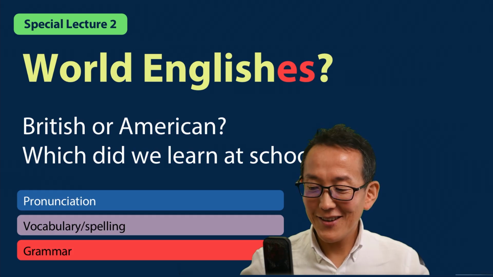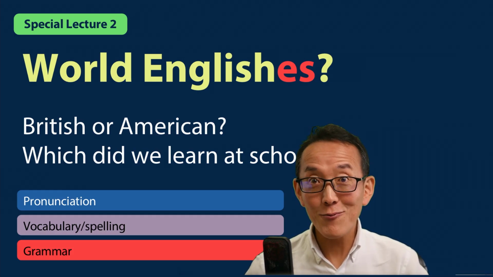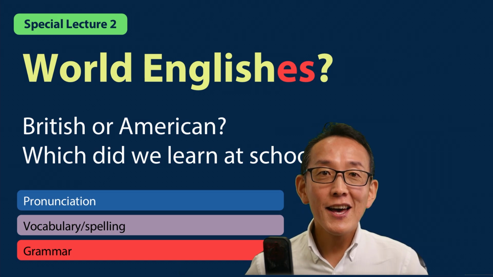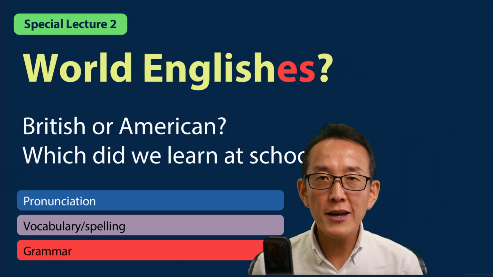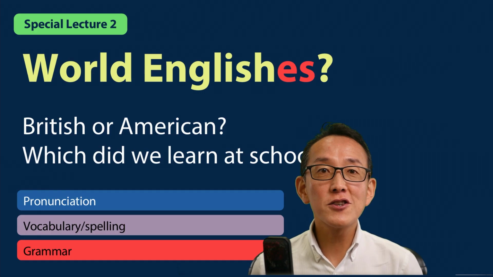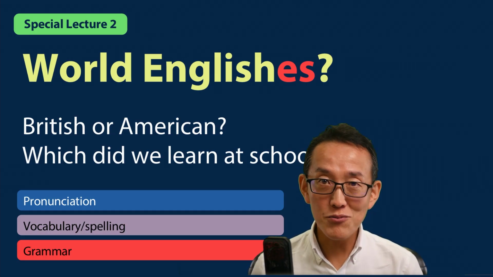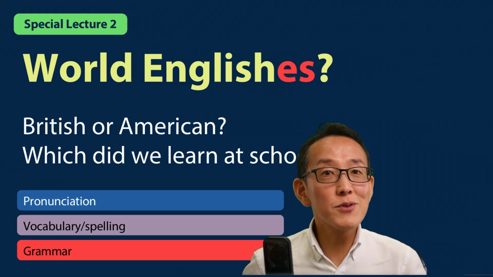Hello and welcome to our second special lecture on world Englishes. In the previous lecture, we learned that English is used all over the world and that there are many varieties of English. Today we're going to focus on two of the most influential varieties, of course, British English and American English. Why these two in particular?